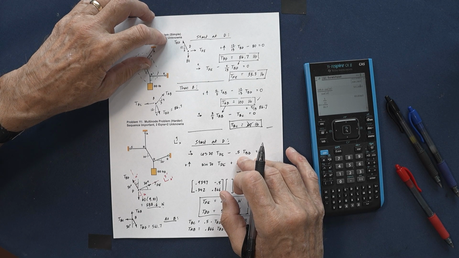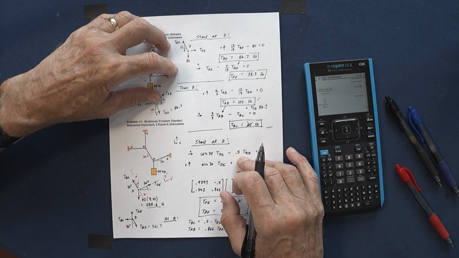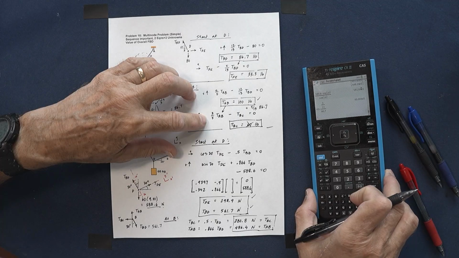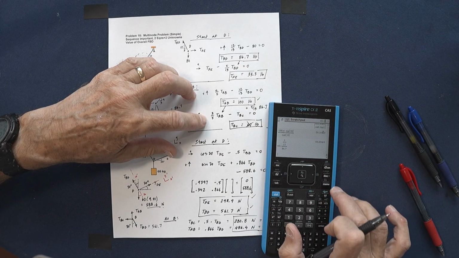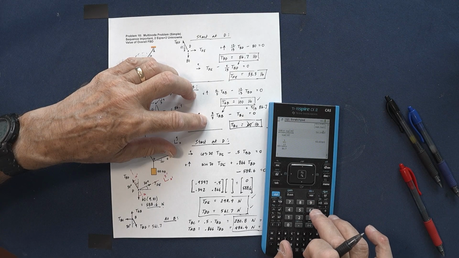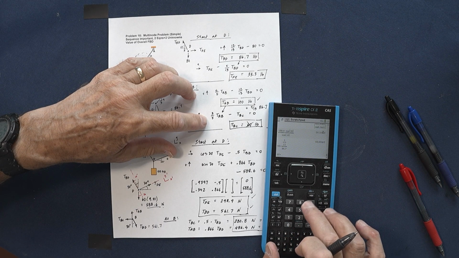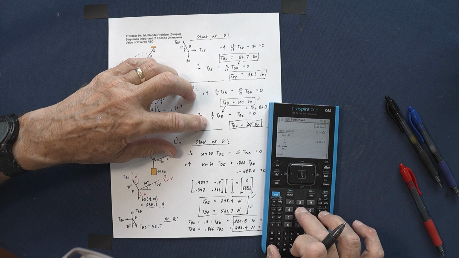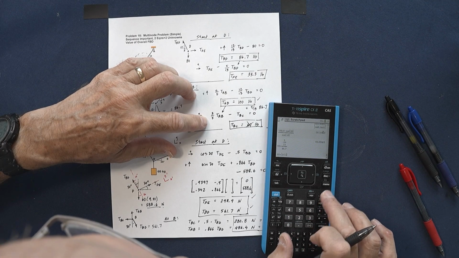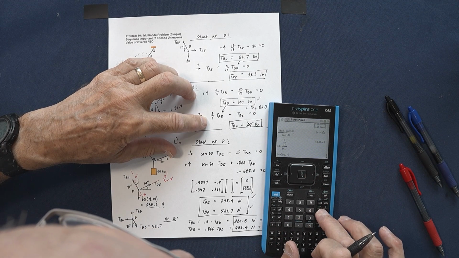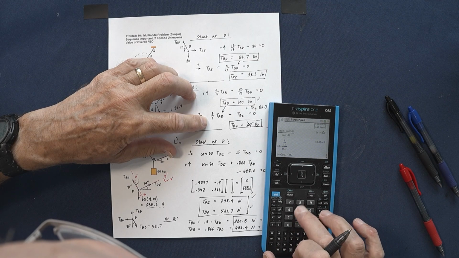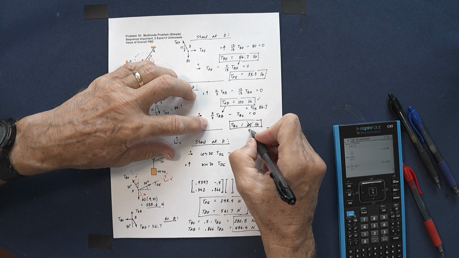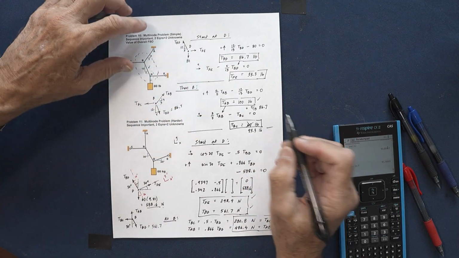Let me try that one more time. Okay, so 60 plus, I use parentheses now, 5 divided by 13 times 86.7 gives 93.3.